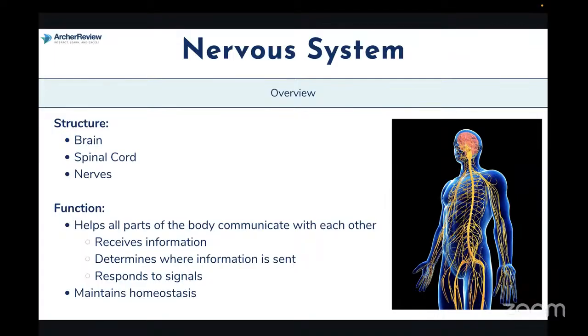This means we are allowing cells in our body to receive information, determine where that information gets sent, and then allow our body to respond to that information. That information can be internal signals, and it can be external signals interacting with things in our environment. All of this helps our body to maintain homeostasis.